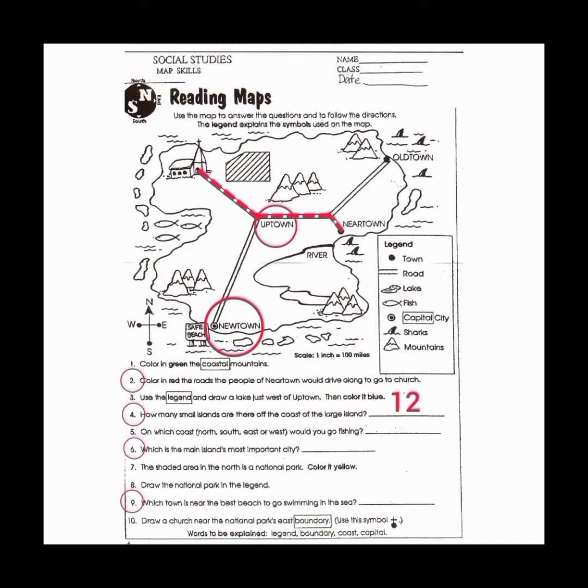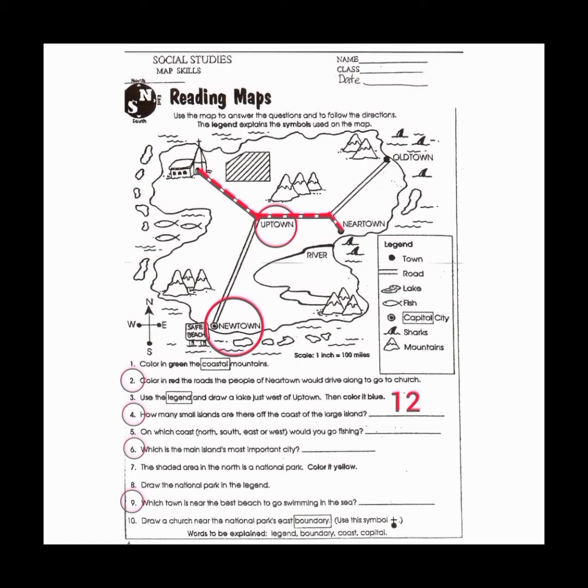I can't really answer that because I don't have that information available. So this is basically going to be your opinion. You have to decide on your own which is the main island's most important city, and I think it's either going to be Newtown or Uptown, like I said.